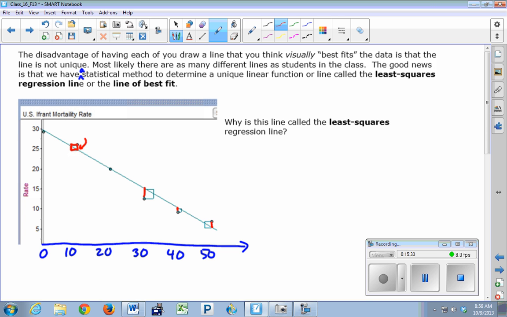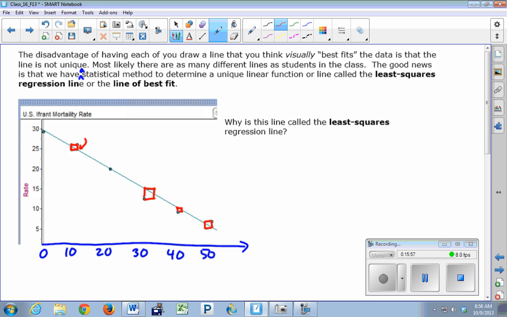And the least squares line minimizes these squared distances. If you put these little squares, which are formed by taking the distance from the point to the line, there's no other line that will have a sum of squares smaller than that. Okay?